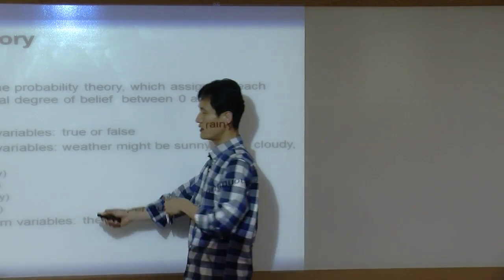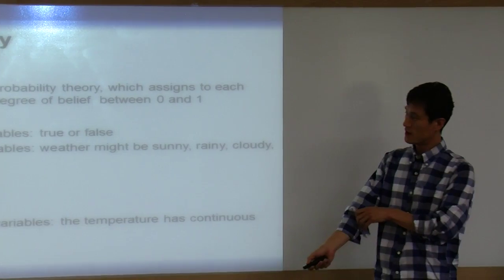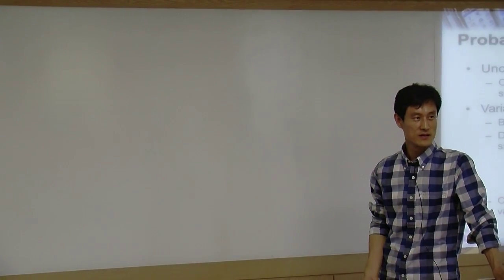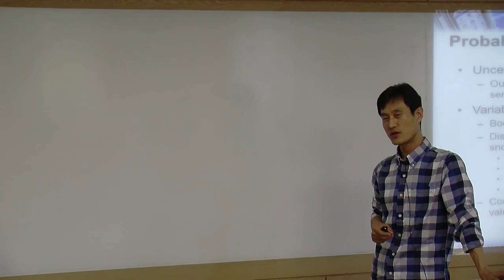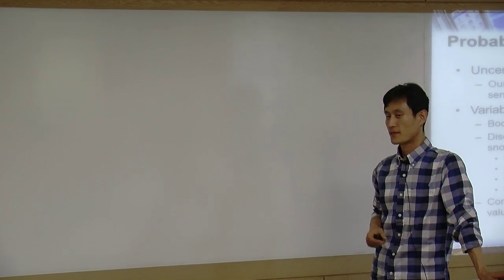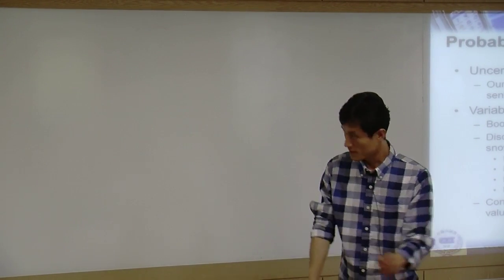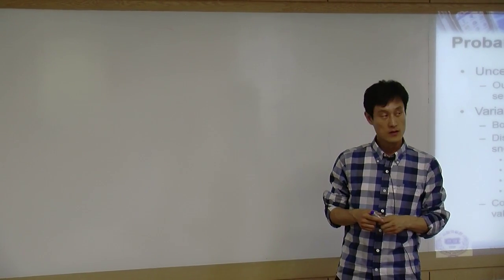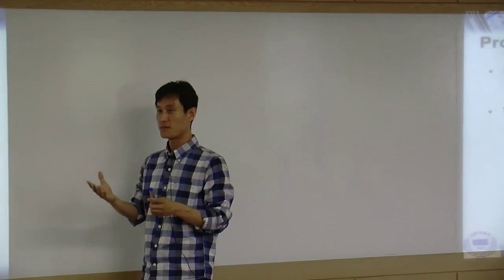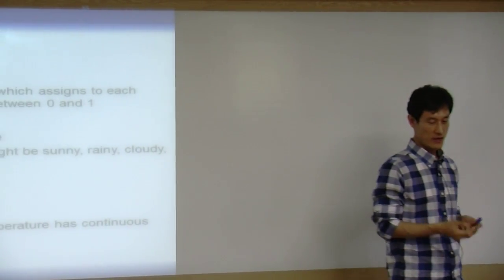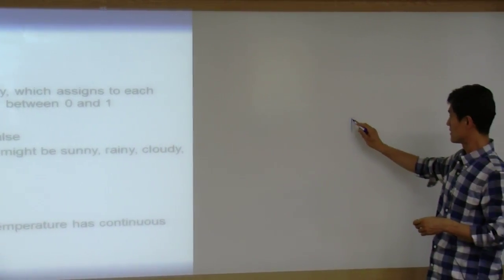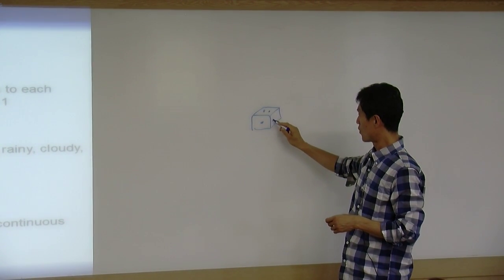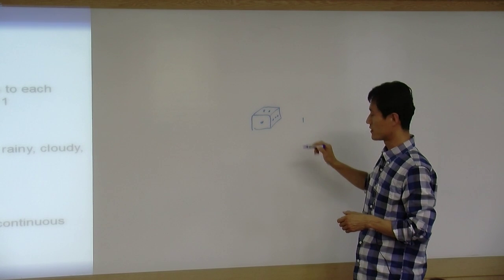So how do you calculate this probability? Let me ask you a question. What is the probability that the weather is sunny in general? And how do you calculate it? This question is the same as, let's say I throw a dice. What is the probability that you're going to get 1?